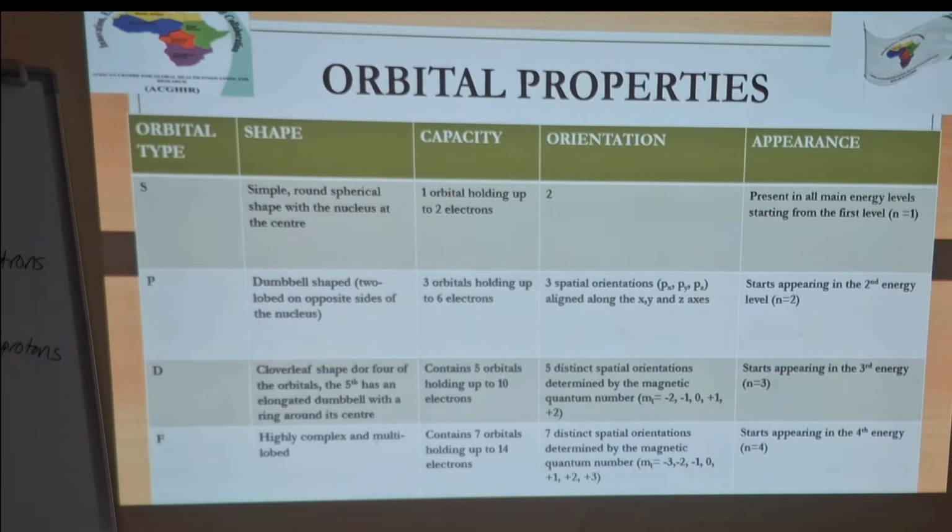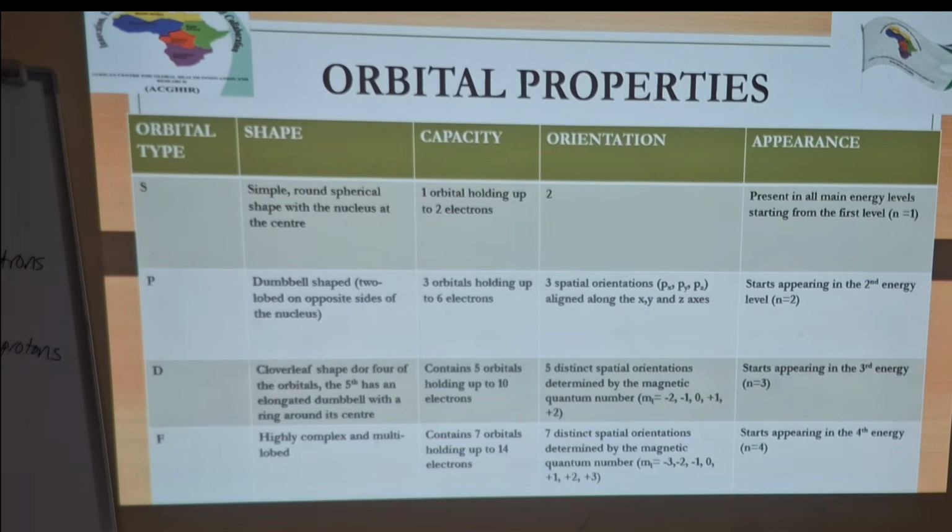They are present in all main energy levels, starting from the first level, n is equal to 1. The P orbital is dumbbell shaped, 2 lobed on opposite sides of the nucleus, 3 orbitals holding up to 6 electrons. We have got 3 spatial orientations in the X, Y, and Z axis. They start appearing in the second energy level, n is equal to 2.